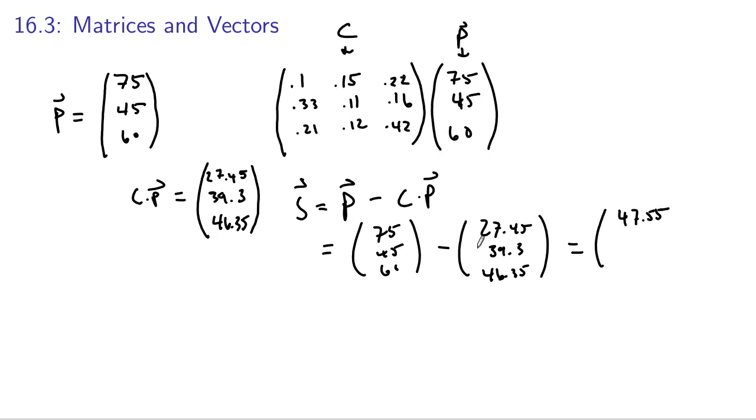And then subtracting these, we get 5.70, and the last, 60 minus 46.35, gives 13.65. So that's the surplus in billions of dollars, which tells us how much was left over. So this would be essentially the actual production that's not used up by these industrial sectors.